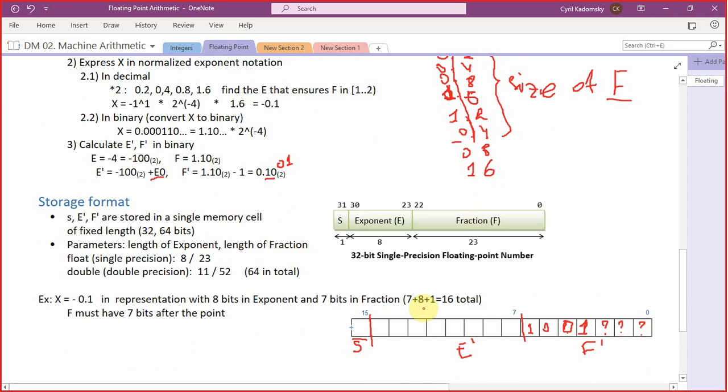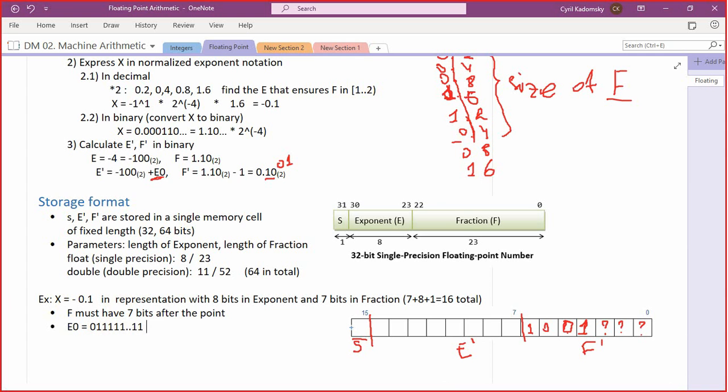Okay, and what about the exponent? In the exponent, any value that we can store here should be positive, and this is ensured by the bias. The bias E0 is always like 0, 1, 1, 1, 1, 1, and so on up till the end.